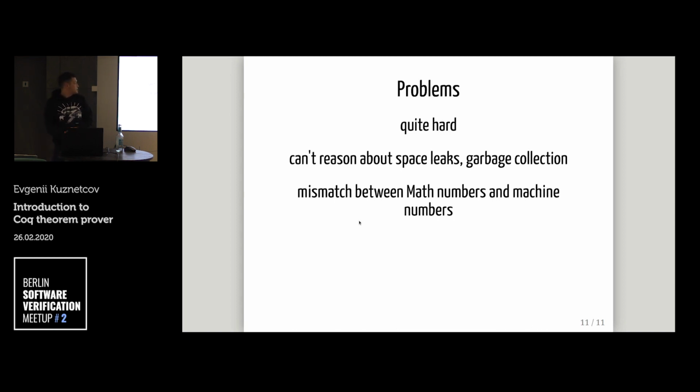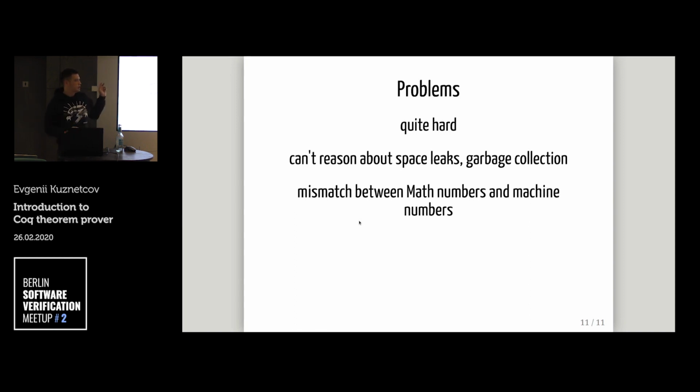And the third problem is that we can prove many things about mathematical numbers, but those ideal mathematical numbers are very poorly mapped into hardware. For example, if you have overflows, all statements from mathematics just don't hold. And we are not even talking about rounding errors of real numbers.